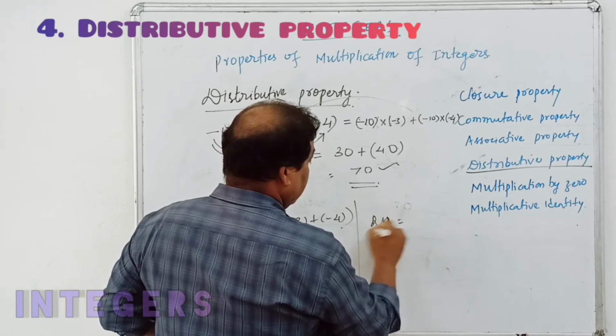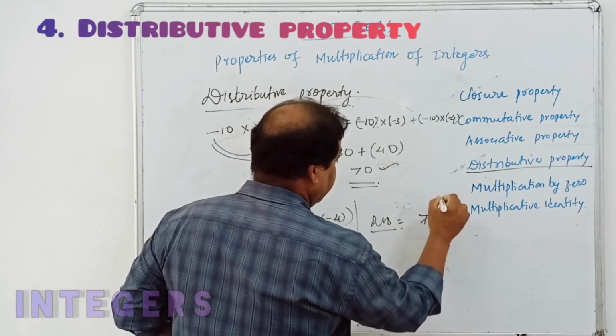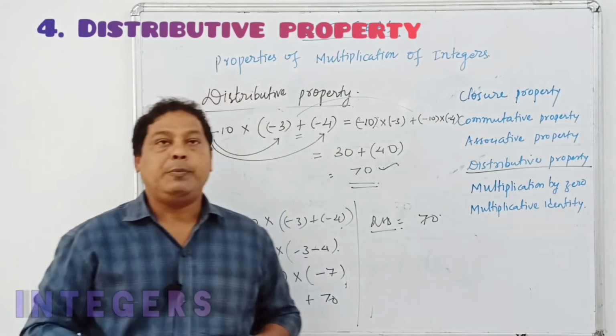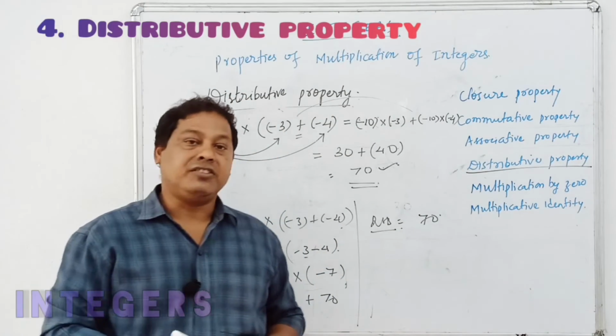So the LHS is 70, and the RHS we got is also 70. Then LHS equals RHS. So the distributive property of multiplication over addition holds for integers also.